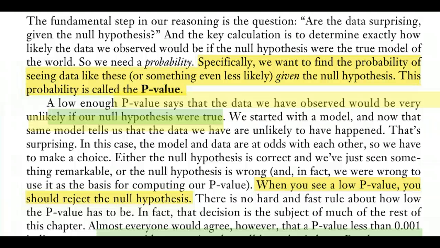So the p-value comes about with an assumption that the null hypothesis is true. Now, if that p-value, which is a probability, is extremely small, and that's what they say, when you see a low p-value, you should reject the null hypothesis.